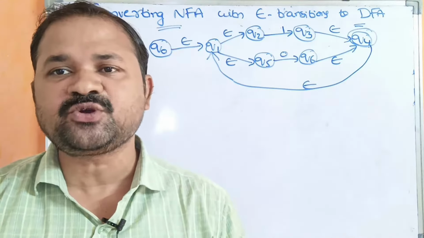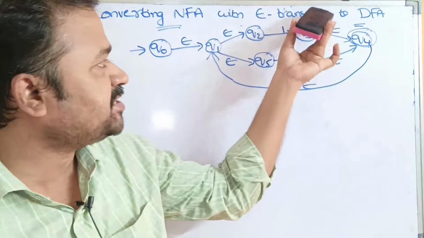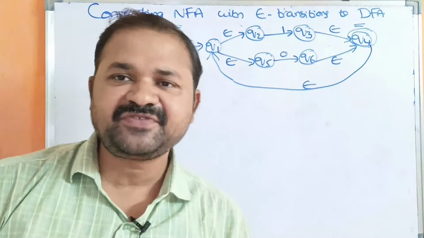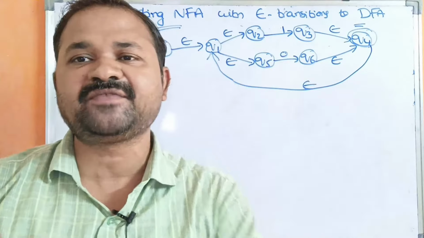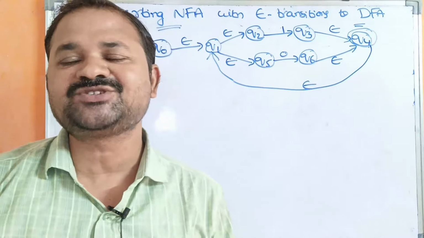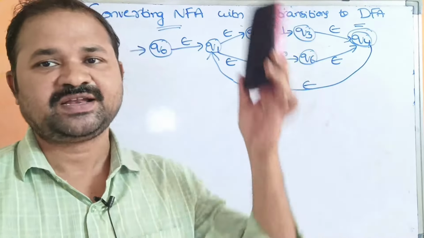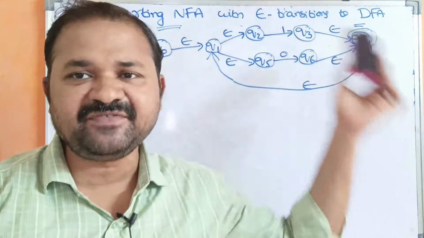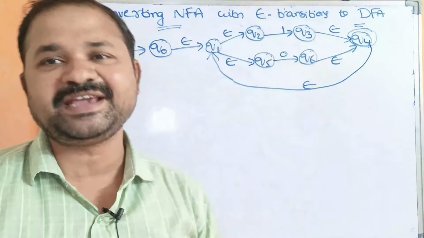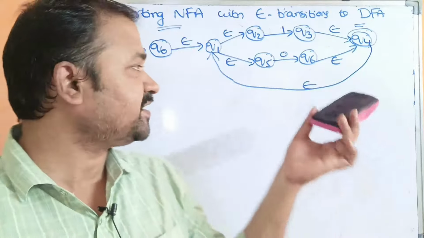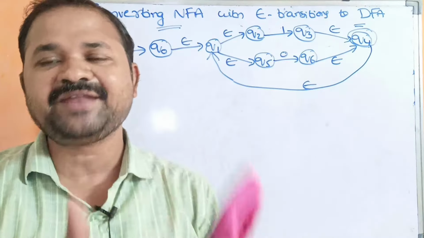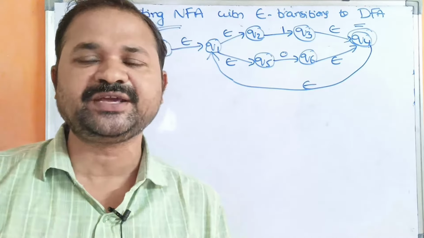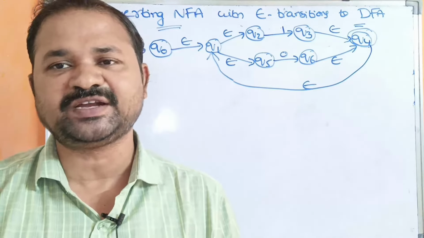There is no need to convert the NFA with epsilon transitions to an NFA without epsilon transitions, and then convert that NFA to a DFA. We can directly convert the NFA with epsilon transitions to a DFA, so there is no need to follow that approach.